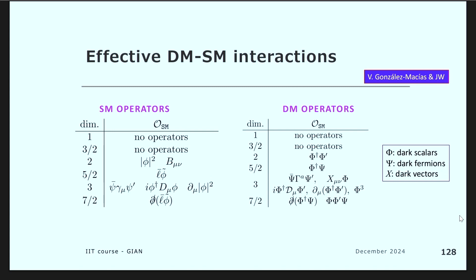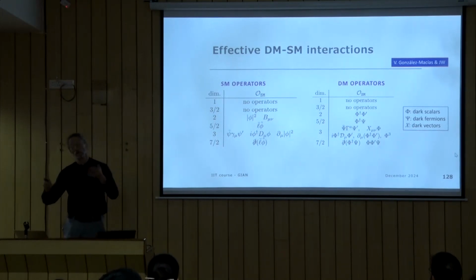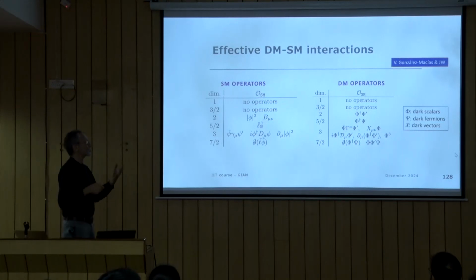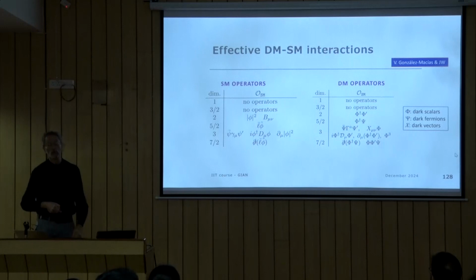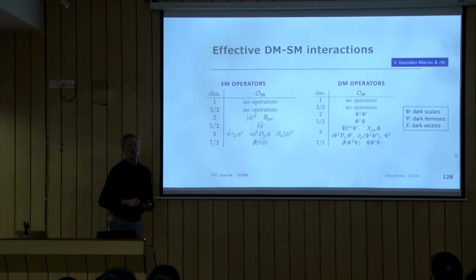Now, in constructing the dark matter operators, I'm going to assume that I have a generic theory involving fermions and scalars and vectors, and I'm going to go through all possibilities. Dimension 1, I have no operators, not because I don't have scalars, but because of the assumption.